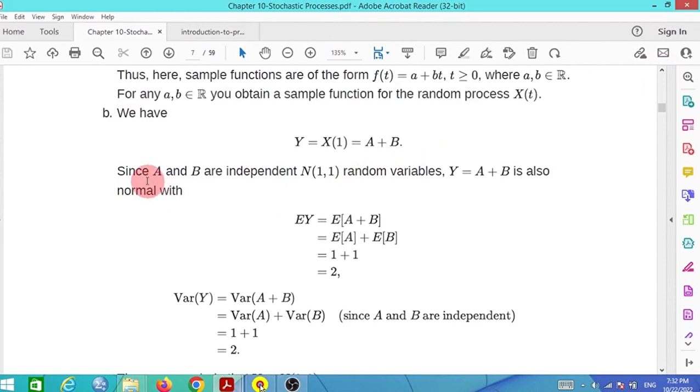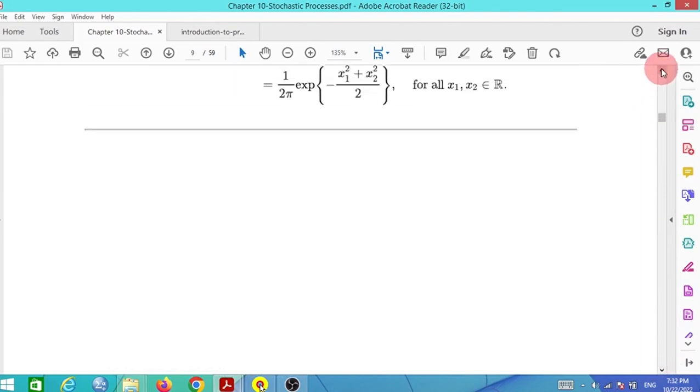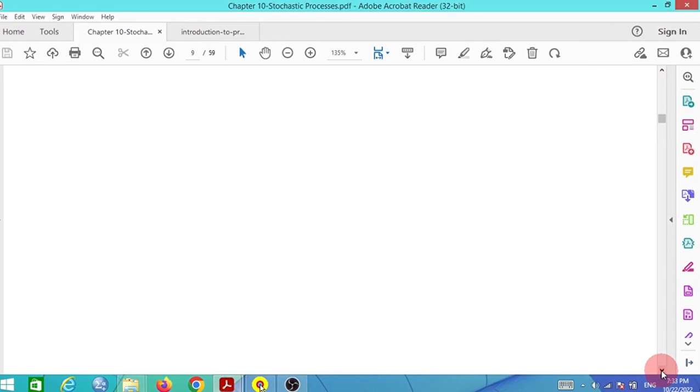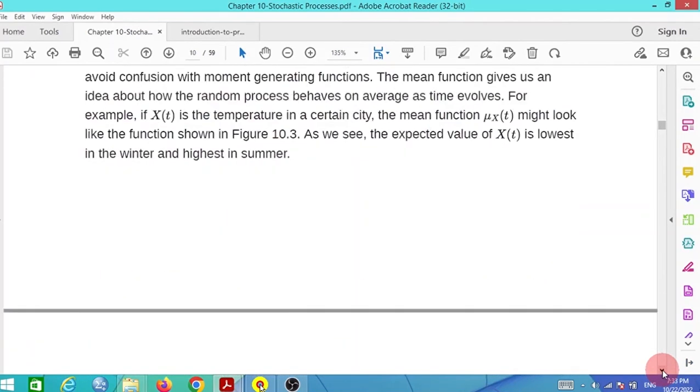Here A is normal with expected value 1, B is normal with expected value 1.